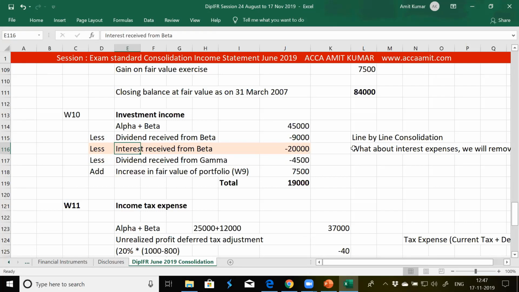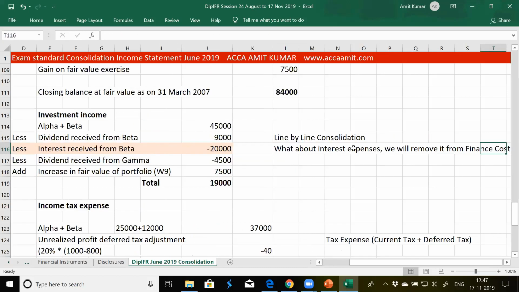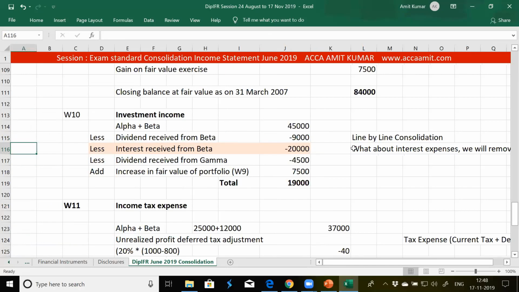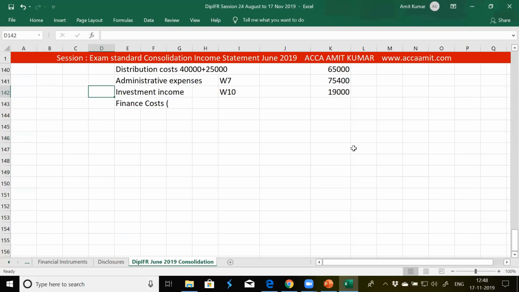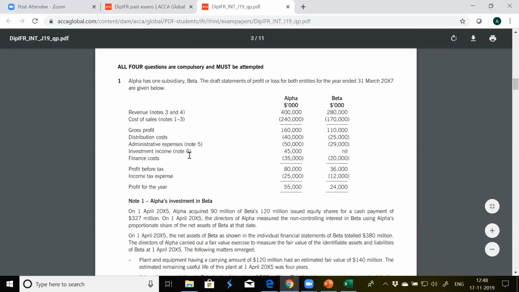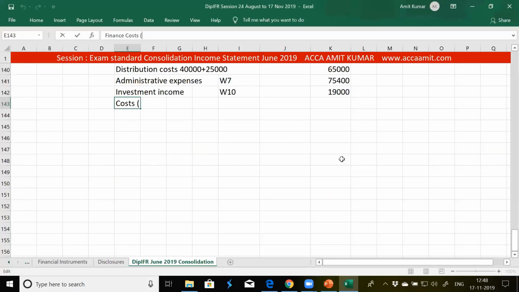When we removed it in the investment income, we should also remove the expense recorded by beta, income of alpha, expense of beta, to be removed in the finance cost. Which turns out to be 35,000 plus 20,000 minus 20,000, because we are removing this 20,000. So it is left with only 35,000 as finance cost of alpha.